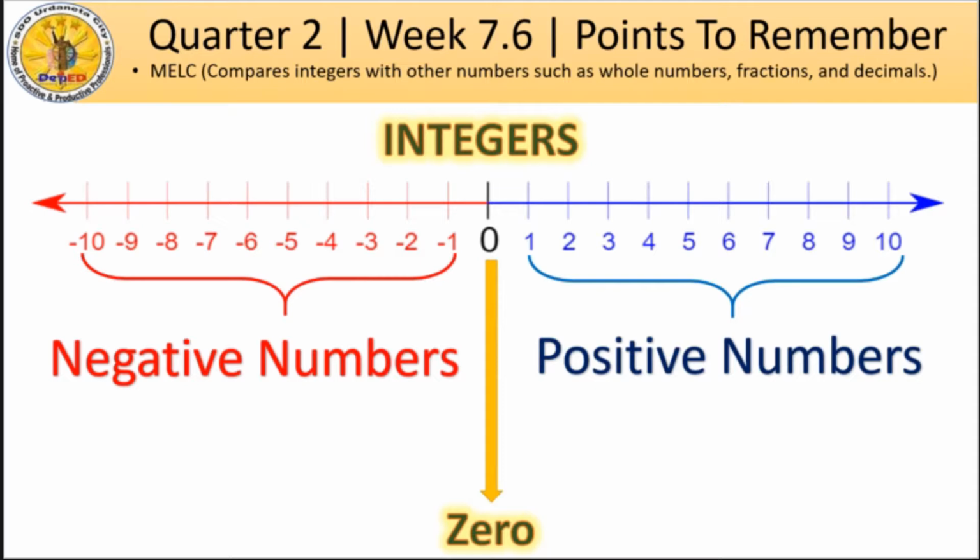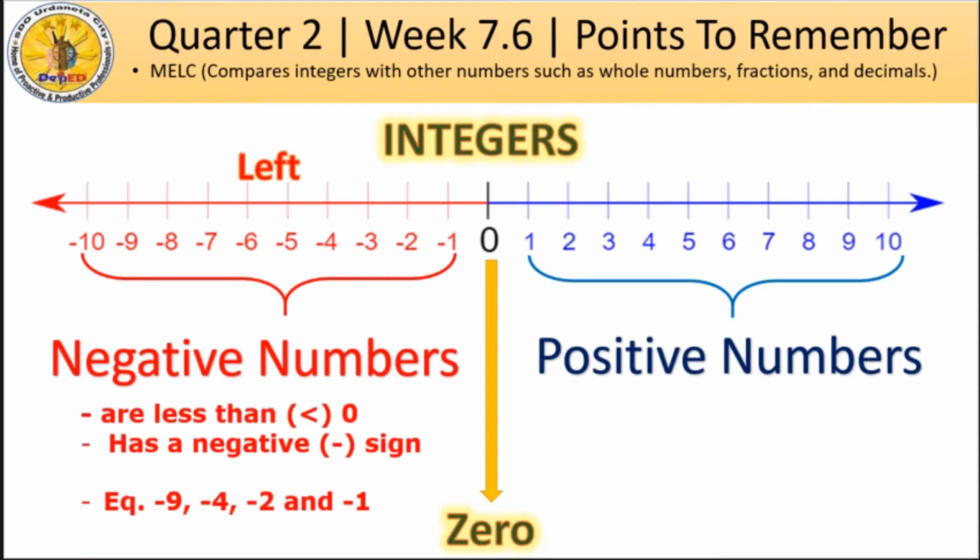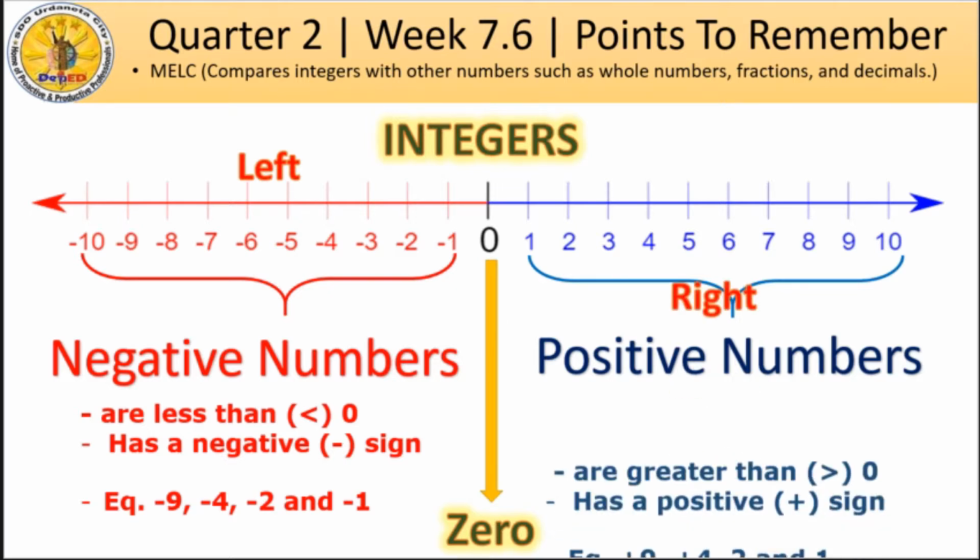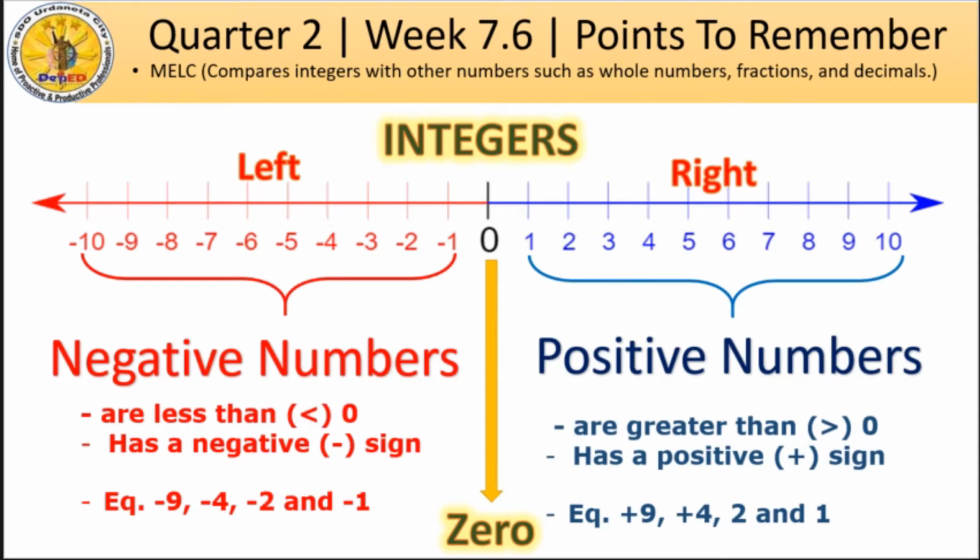At the left of 0 are the negative numbers. Negative numbers are numbers that have a negative sign, and they are less than 0. Examples are negative 9, negative 4, negative 2, and negative 1. At the right of 0 are the positive numbers.